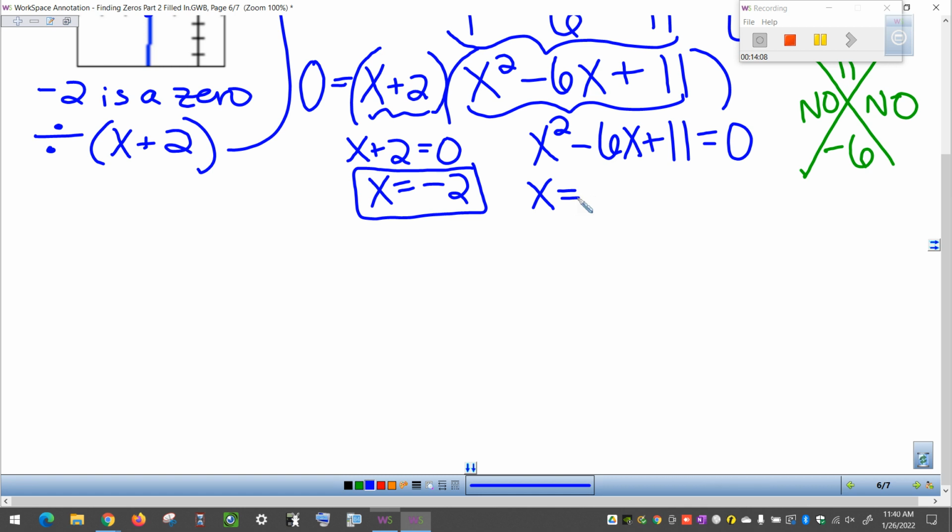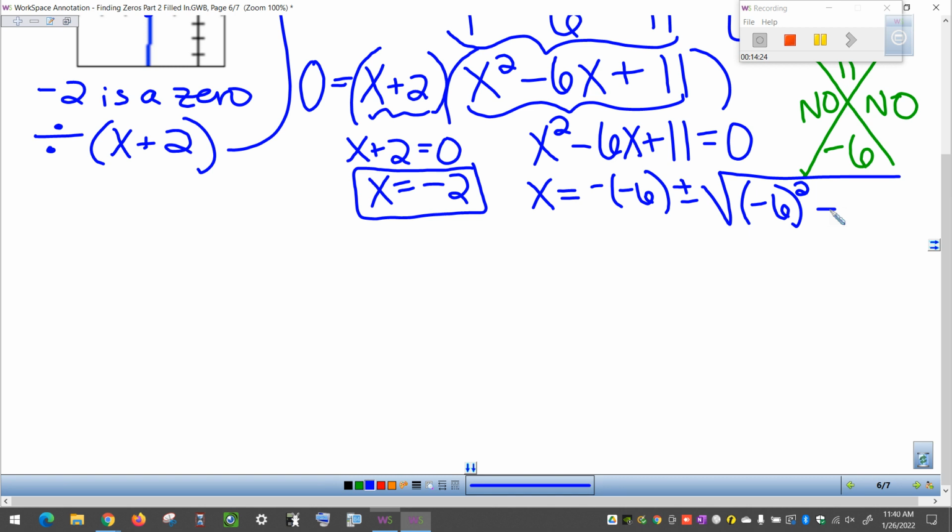All right, so we go through our steps here. X is going to be equal to, it starts with -b, so it's going to be minus -6, plus or minus the square root, b squared. And notice how we're using parentheses here around the -6 part. -6 squared, that's going to turn into +36.